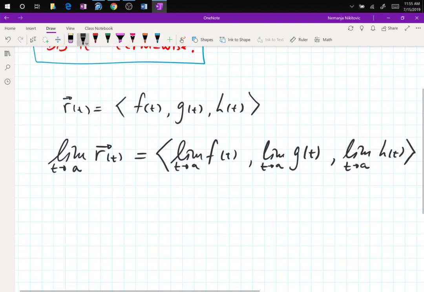If you need to find r prime of t, which is the derivative, that will just be f prime of t, g prime of t, h prime of t.